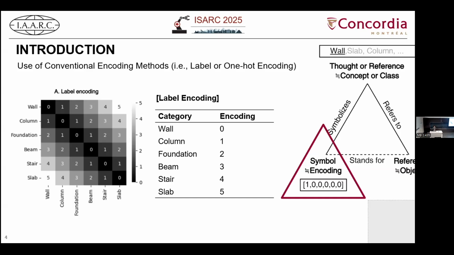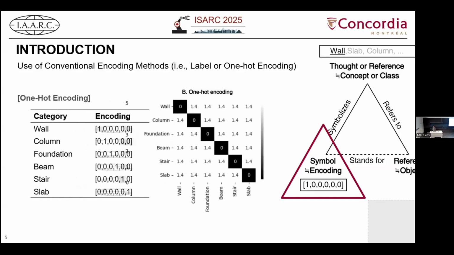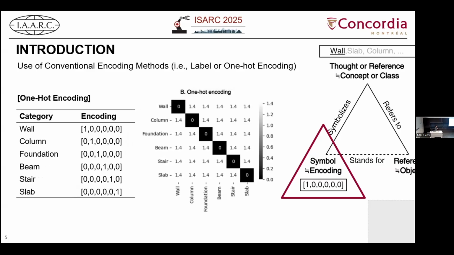And then this arbitrary sequence is there, and that kind of distracts the AI models from understanding what's related to what. In one-hot encoding's case, all classes are equally distinct, so it wouldn't have false similarity detection, but still, it wouldn't be able to reflect the similarities and differences between the classes.